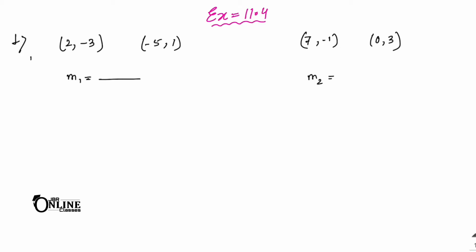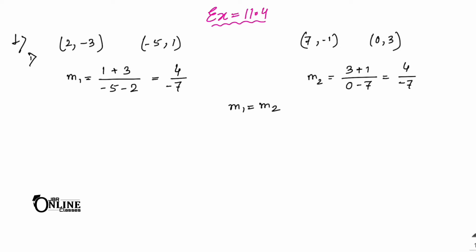So M1 is (1 plus 3) by (-5 minus 2), and M2 is (3 plus 1) by (0 minus 7). That is 4 by -7, and that is also 4 by -7. As M1 equals M2, these two lines are parallel to each other.